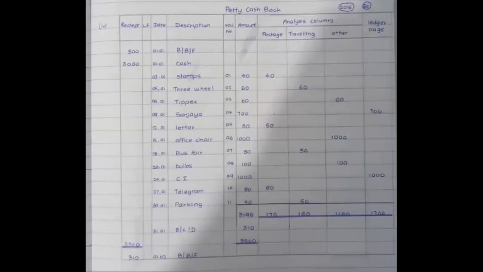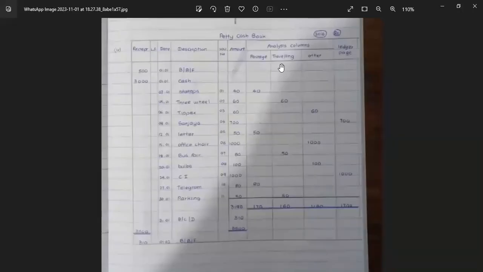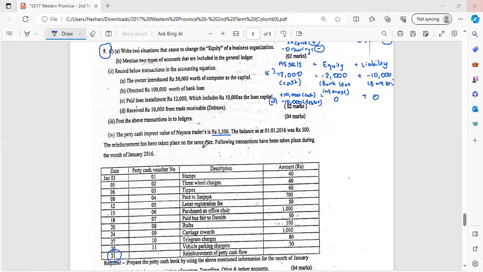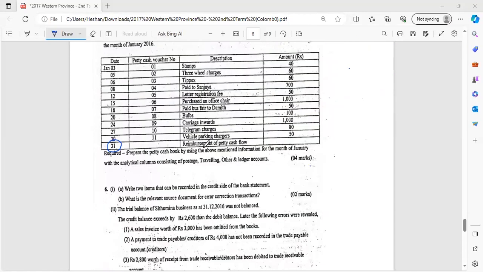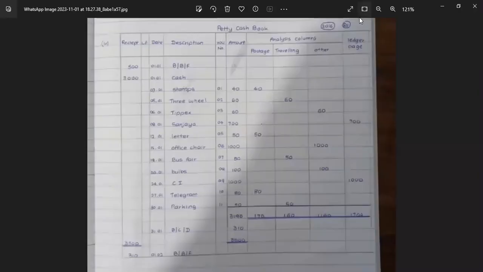Hurry up. Once you finish, raise your hands. Right now, question number 5 is finished. Okay. So when it comes to question number 5, this answer is correct. So you need to concern office chair should come under ledger account.